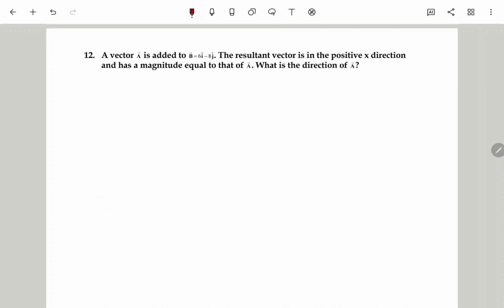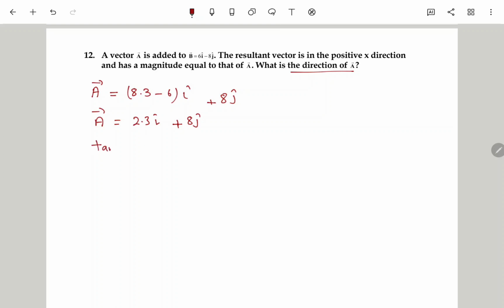Now, same question, but in this case we look for the direction of A. Back to the result we have in the previous example. A as a vector equals 8.3 minus 6, this is i hat, plus 8j hat, or A as a vector equals 2.3i hat plus 8j hat.